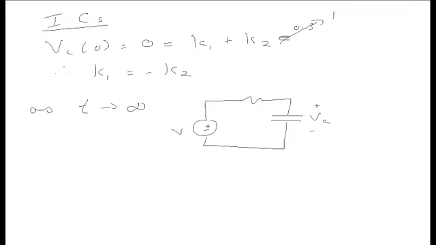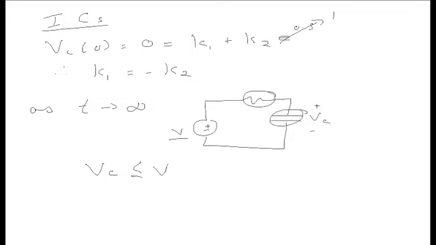The first thing I'm going to promise you is that Vc is always less than or equal to the supply voltage V. The reason for that is because V is my only source of energy in the circuit. My resistor certainly doesn't supply any current, and my capacitor also doesn't supply any current. It only stores it, and then releases whatever it's stored. So the maximum Vc can get at is V.